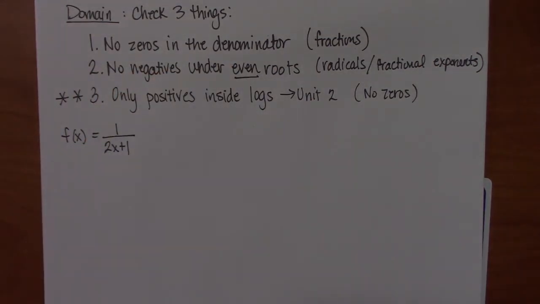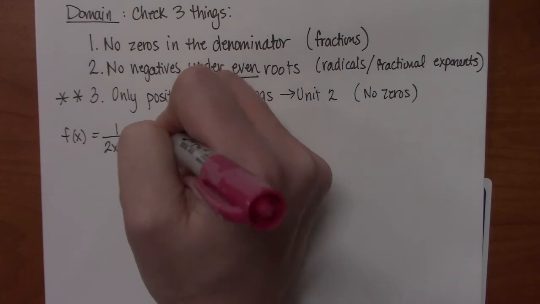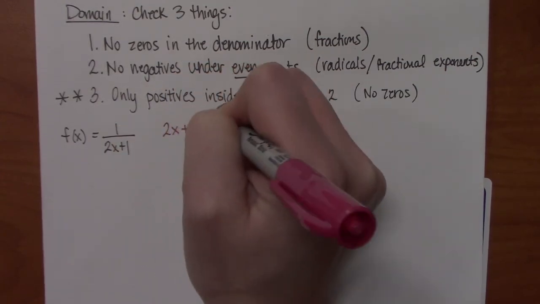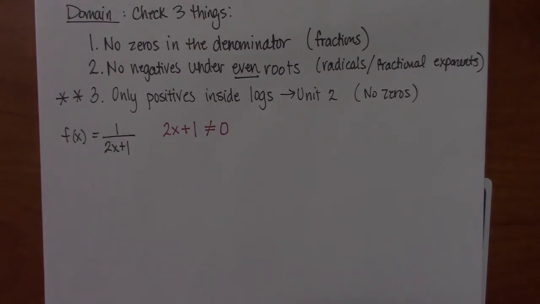If f of x equals 1 over 2x plus 1, and I want to find the domain of this, well, I see a fraction, there's no radicals, there's no logs, so I really only have to deal with rule number 1, right? Rule number 1 says denominator cannot be 0. So you take the entire expression in the denominator, and that's what that says. 2x plus 1 cannot equal 0.